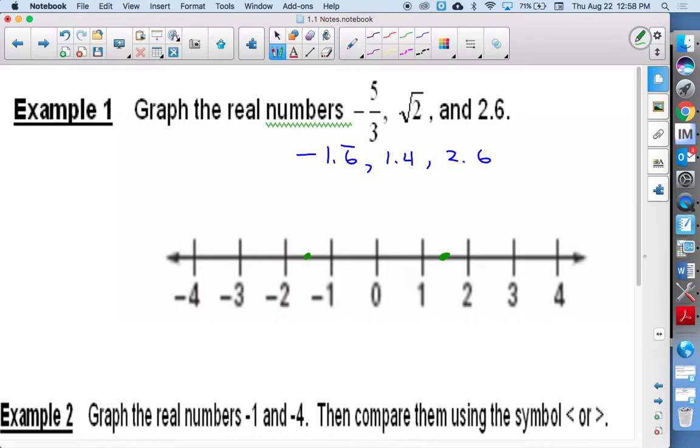And we're also just going to label our coordinates real quick right above the number line. 1.4 and then 2.6. Find 2, a little bit past the halfway mark between 2 and 3, and then we have our coordinate of 2.6.